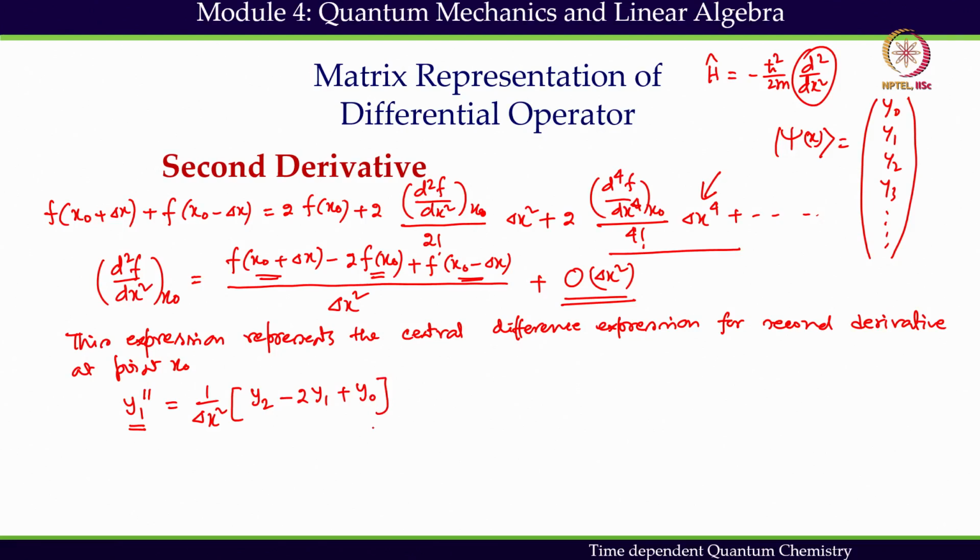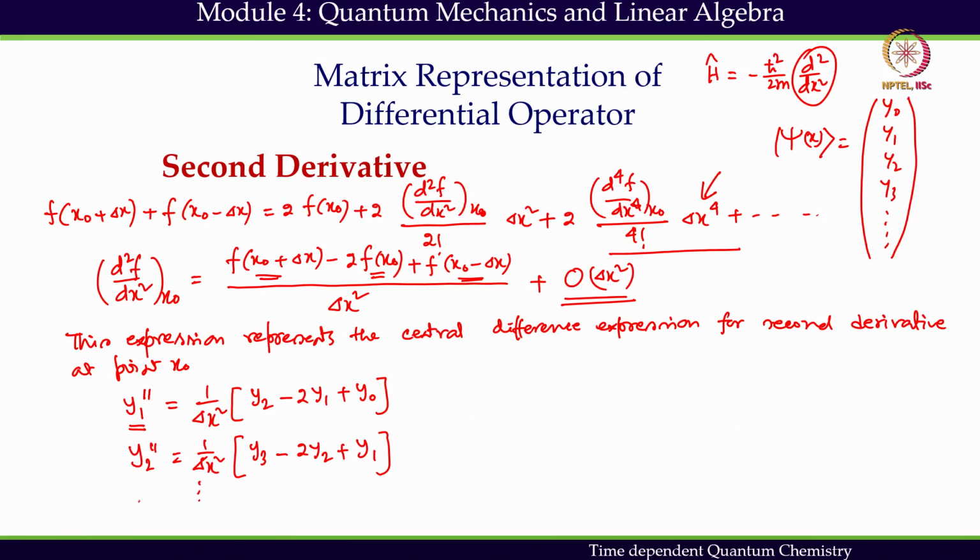So, this is the expression for the derivative at the y1 point. Similarly, the derivative at the y2 point is going to be 1 by delta x square, then the function value one step forward, which is y3, minus 2 times the function value at that point y2 plus the function value one step backward, which is going to be y1. And this is the way we can go ahead.